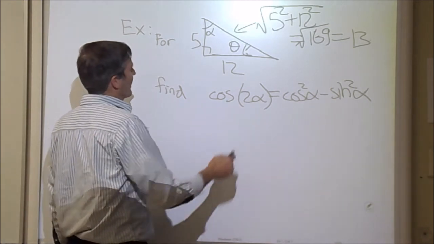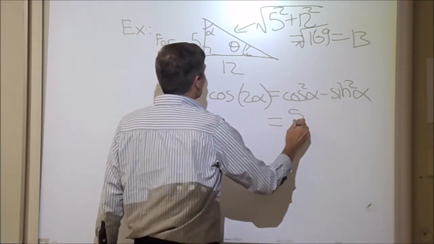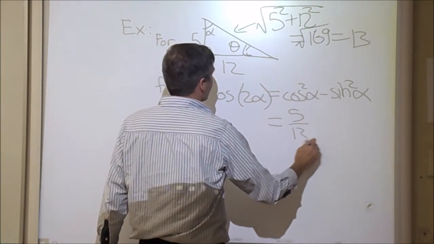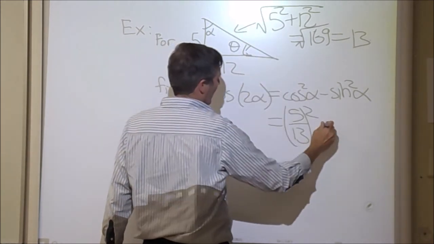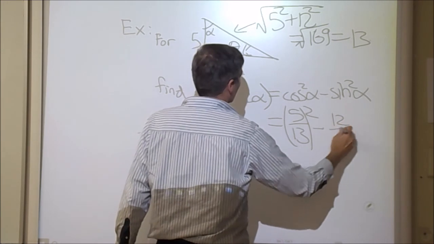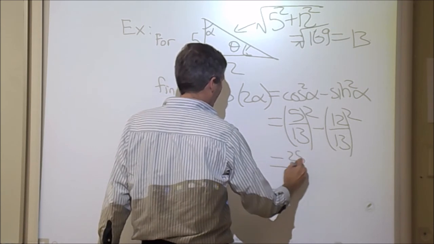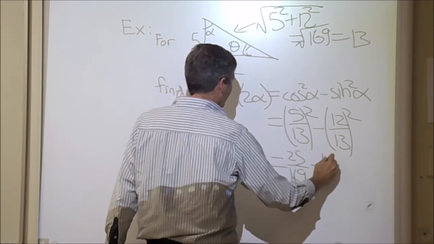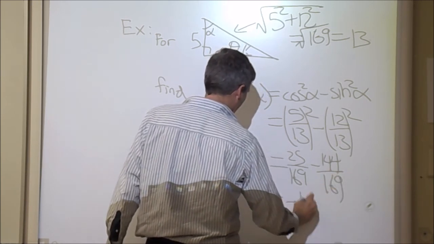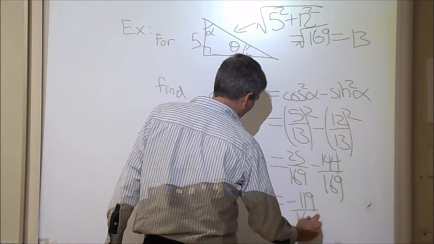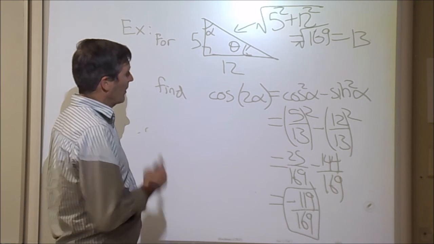I notice the cosine then is the adjacent side to alpha over the hypotenuse, 5 thirteenths. The sine is the opposite side to alpha over the hypotenuse, 12 over 13. So I wind up with 25 over 169 minus 144 over 169. And I get minus 119 over 169 is the exact value of the cosine of twice the angle shown.